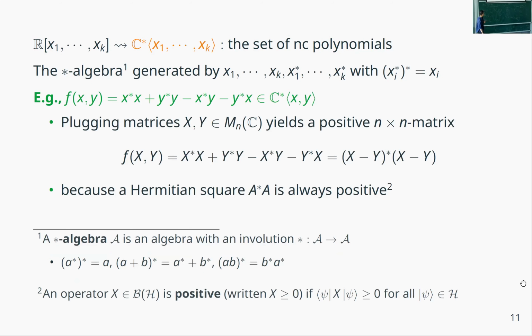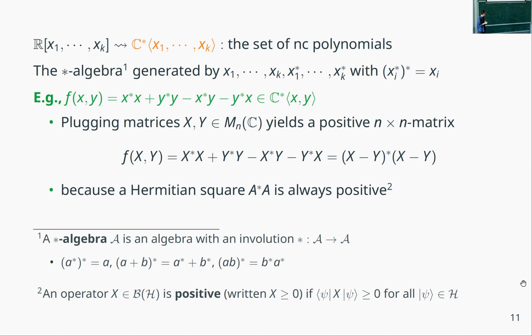Some example: x star x plus y star y minus x star y minus y star x is a non-commutative polynomial with two variables. If you plug in little x for x and little y for y, then it becomes a matrix in this form, and you can actually write it as (x y) star times (x y).